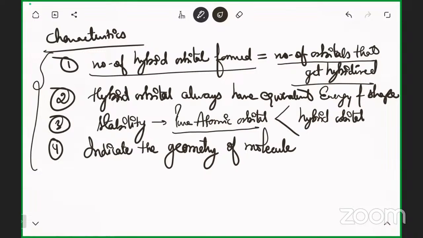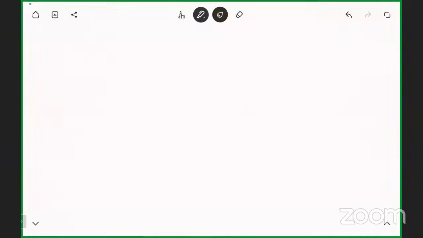Okay, so what are the conditions necessary for hybridization? The first condition is that only orbitals present in the valence shell take part. But which one is the valence shell?